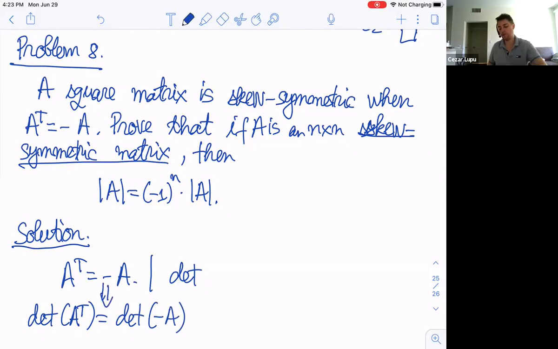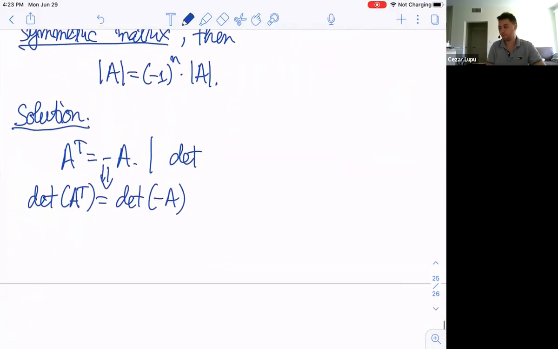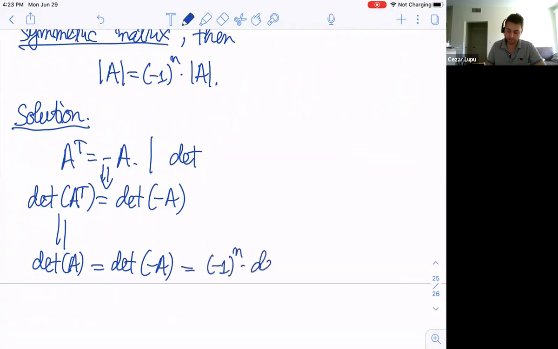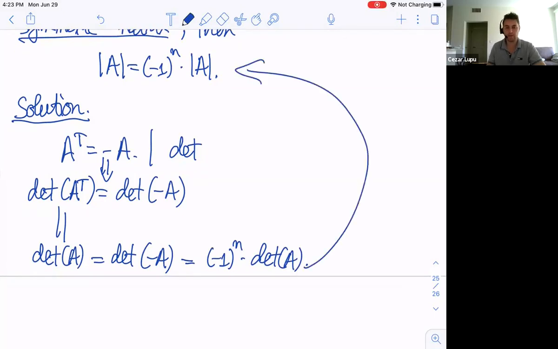But we know that the determinant of A transpose by the properties of the determinants is nothing else than just the determinant of A. So we have that the determinant of A is nothing else than just the determinant of negative A. But the determinant of negative A will be nothing else than just -1 to the power n times the determinant of A. And therefore, we get exactly what we wanted to prove. That's it. That's the problem. It wasn't a big deal. You just had to take the determinant.